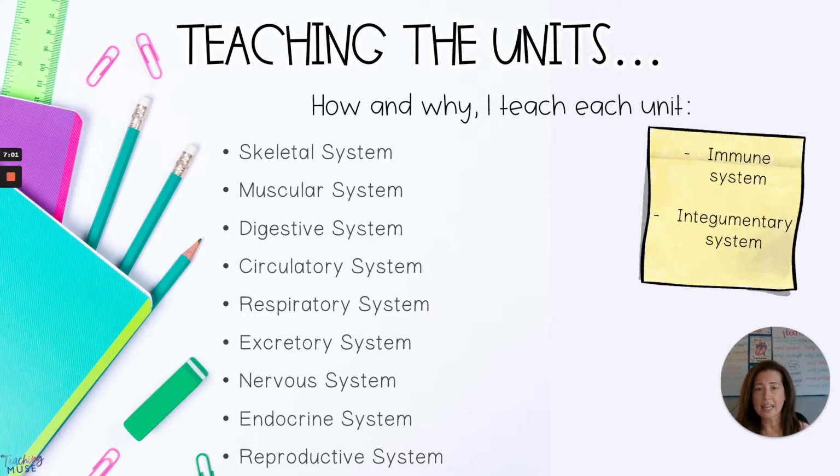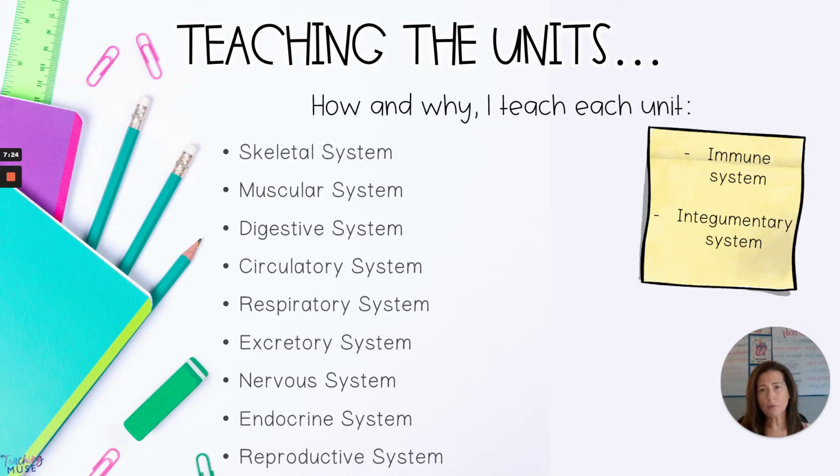We have a variety of learners in our classroom, struggling learners, higher learners, and they all understand the basics of a skeletal system. They're all going to understand that it's made of bones. So I feel like that's a good place for the students to start to feel good about themselves, and also because it's going to build upon some of the other systems.